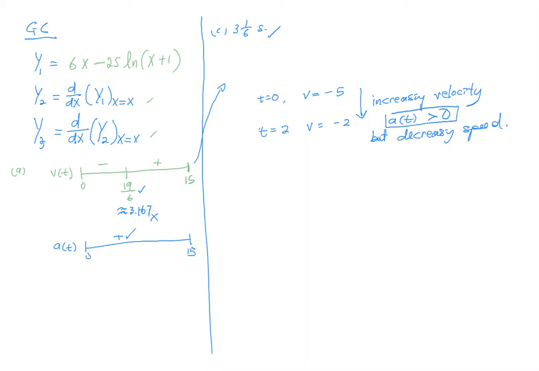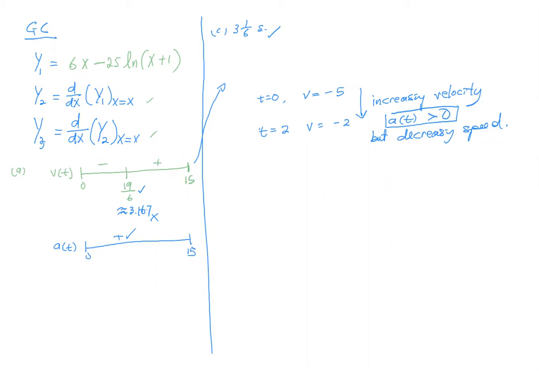So from 0 to 3 and 1/6 second, the particle is moving to the left with increasing velocity. If you want to add one more, you say, but decreasing speed. And the particle stops moving at 3 and 1/6 second. After that, the particle is moving to the right with increasing velocity. You get me?